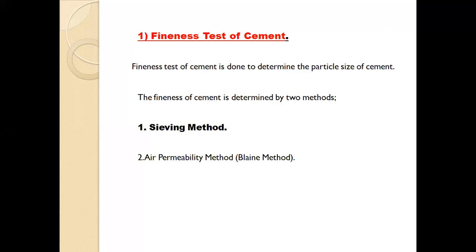We use the sieving method for determining fineness because it is an easy method and requires less time. So we go for the fineness test of the cement by using the sieve, that is, determination of fineness by the sieving method.